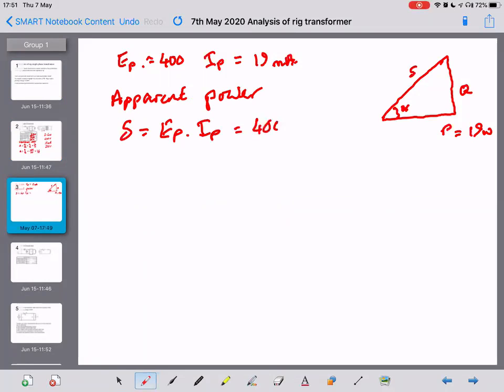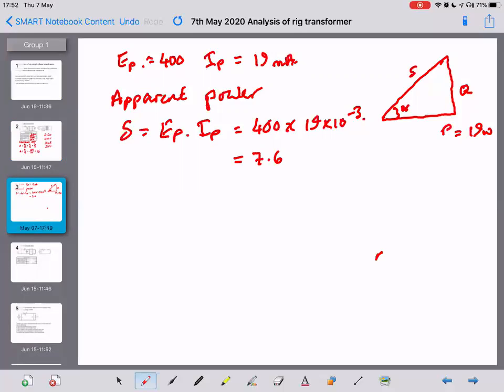That is 400 times 19 times 10 to the minus 3, because that's milliamps, equals 7.6.